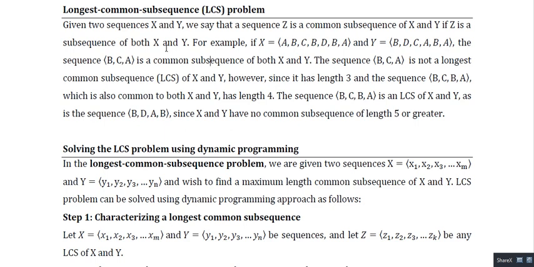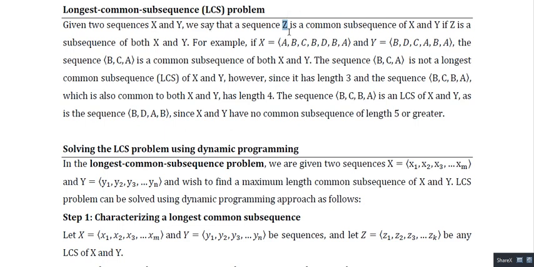In the LCS problem we will be given two sequences, let's say x and y. Each is a sequence of characters, like x is a b c d e and y is a b c d e f g. Our target is to find another sequence z which is the longest common subsequence of x and y.